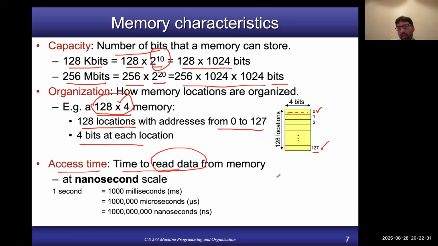Let's say you are running a program that has a couple of instructions, and on instruction X you say, write some data A into memory location X. The CPU simply sends the data A to the memory location X, but the CPU doesn't need to wait until the data is actually written in the memory.